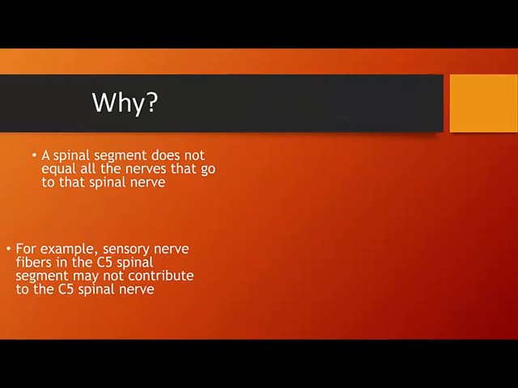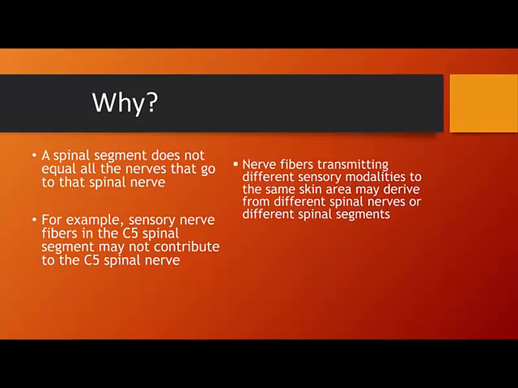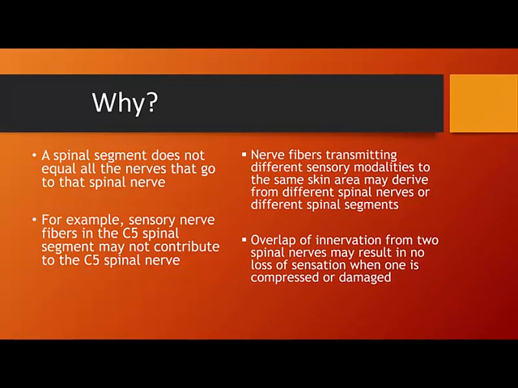Some reasons why are primarily based on anatomical variation. A spinal segment does not equal all the nerves that go to that spinal nerve. For example, sensory nerve fibers in the C5 spinal segment may not contribute to the C5 spinal nerve. Nerve fibers transmitting different sensory modalities to the same skin areas may derive from different spinal nerves or different spinal segments.